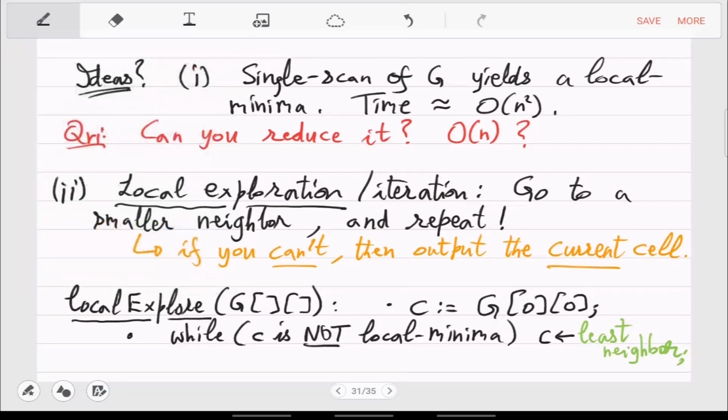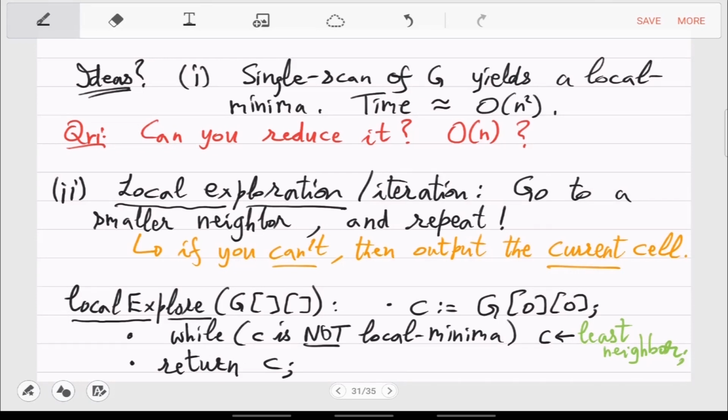Right, so this is a single while loop. It will break only when you reach a local minima. At that point, you can just return that value. So it's a simple enough algorithm.